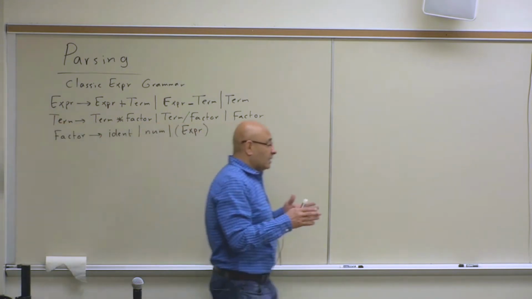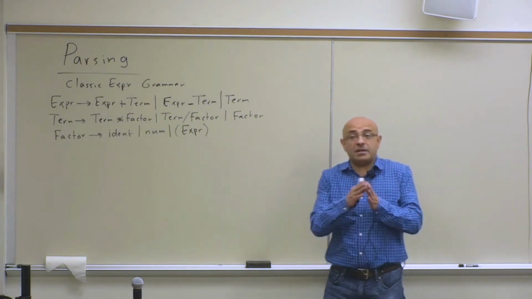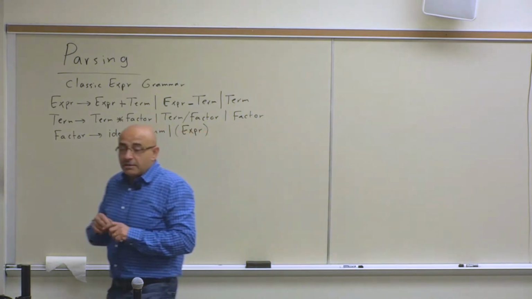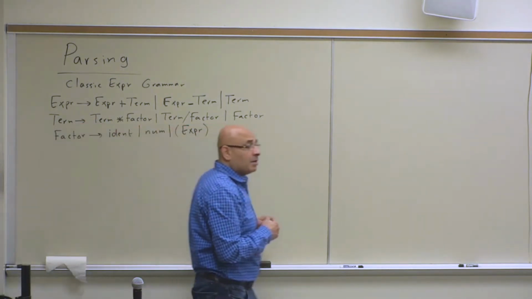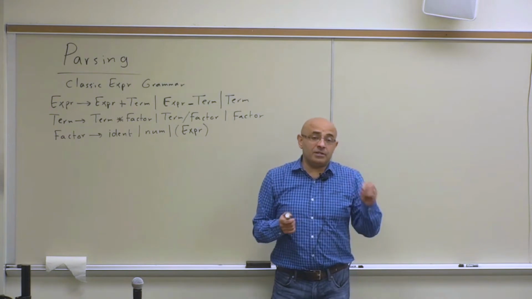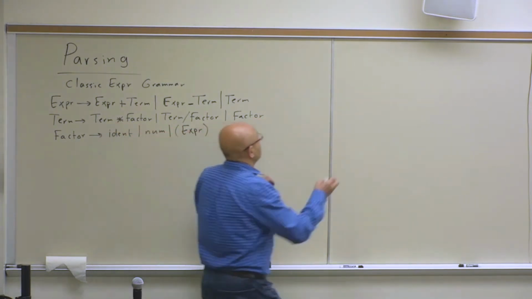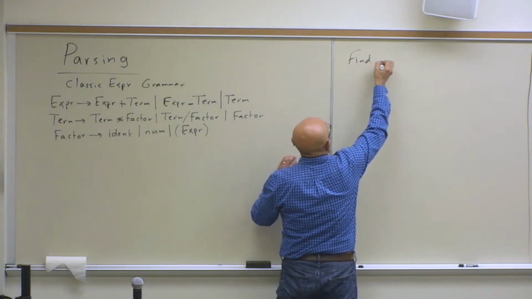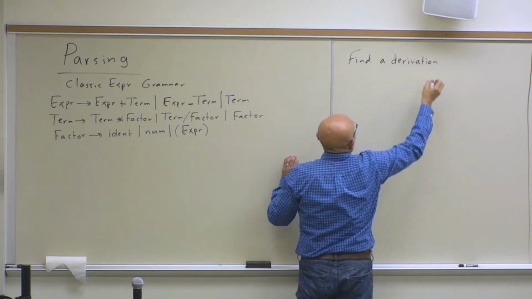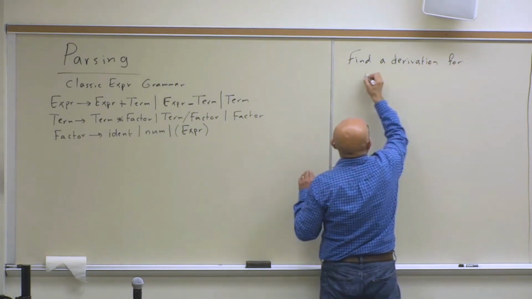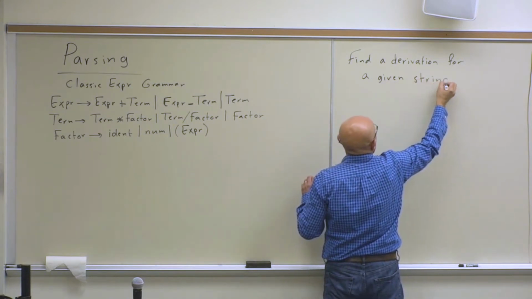So checking a given program, which is a string of symbols, against the grammar, or trying to match it with the grammar, or trying to find a derivation. So parsing is about trying to find a derivation for a given string.